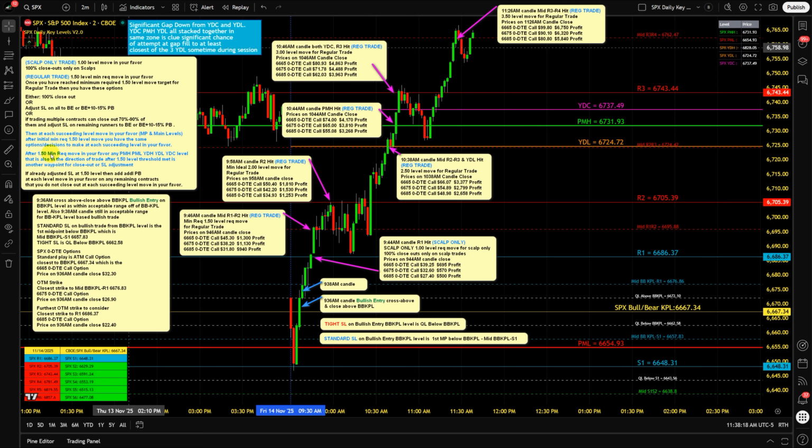Now, these YDC, YDH, YDL, PMH, and PML levels also come into play here, because after the 1.5 minimum required move in your favor has been met, then in addition to any midpoint level and main level that's in the direction after the 1.5 level move, any of these levels that are also in the direction of the trade after the 1.5 level threshold has been met are also, under regular trades, another waypoint for all of these decisions to make for any closeout or stop loss adjustment.